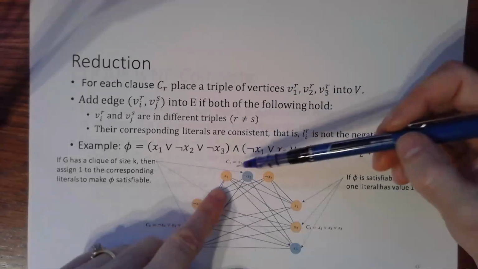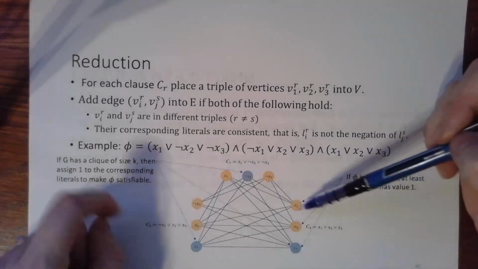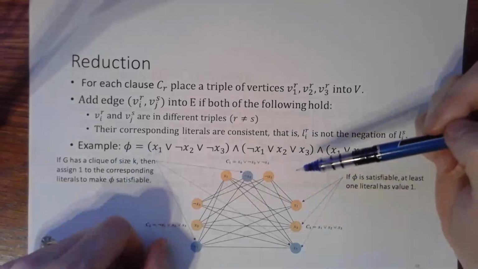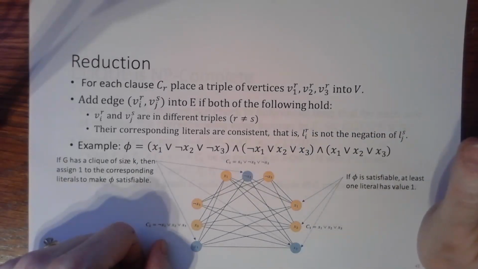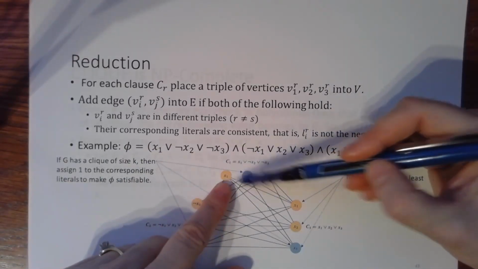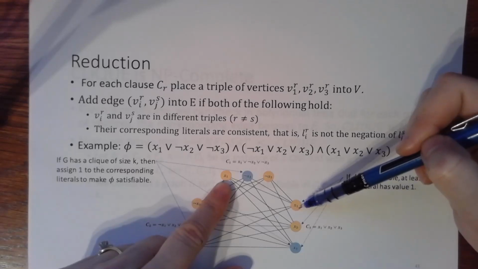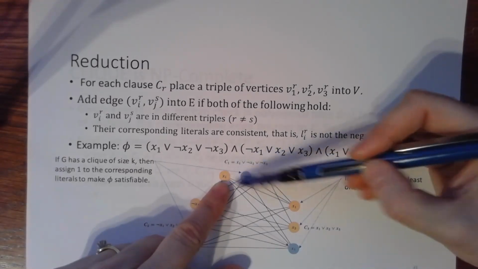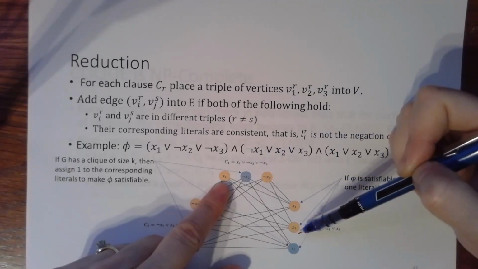But for each one of these, I'm going to go to all of the other vertices and add an edge as long as they're consistent. So over here, x1 and x1, those could both be true, and they wouldn't interfere with each other, so I draw an edge. x1 and x2 could both be true at the same time.